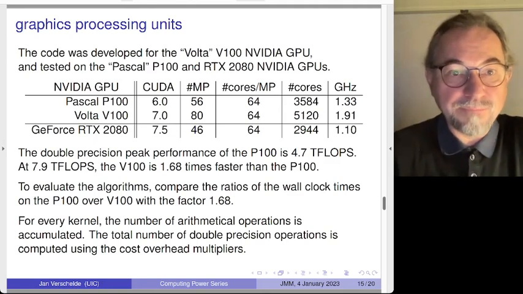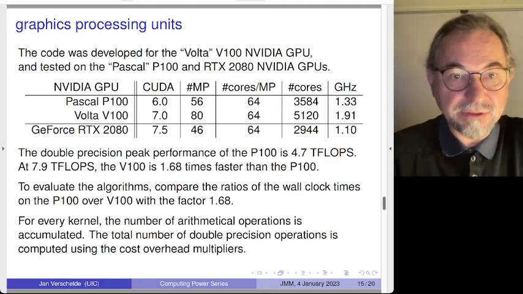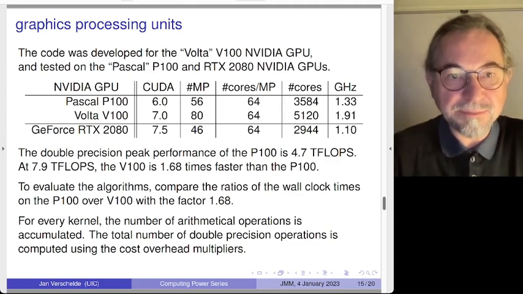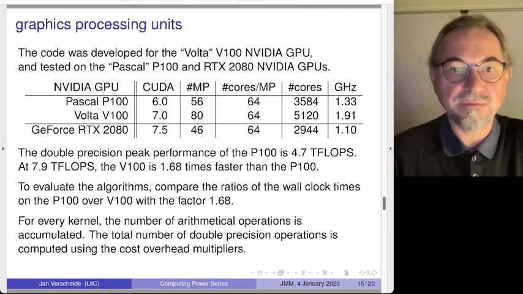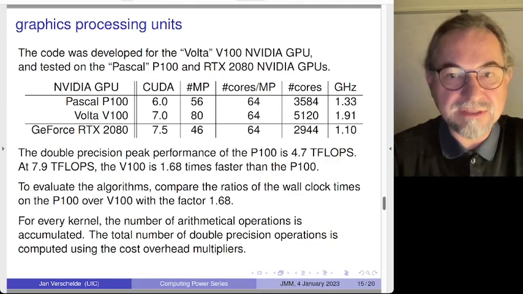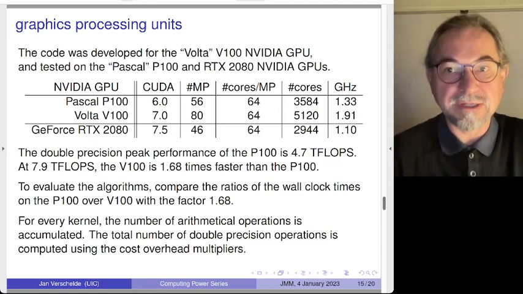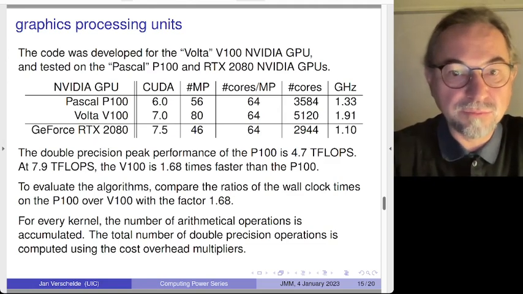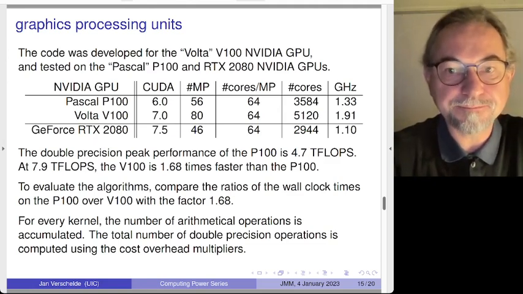Okay, so I have developed these new algorithms on the Volta, and the Pascal is used for comparison. The Volta is 1.68 times faster than the Pascal. So one would hope that if they are both running at full occupancy, you would notice that.